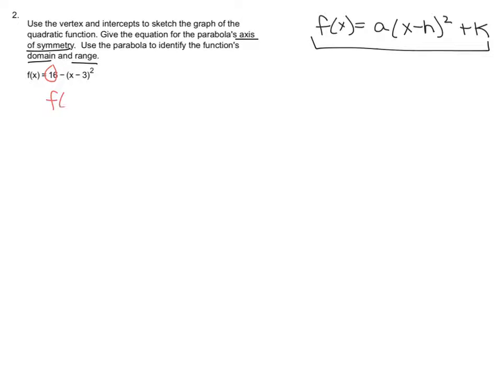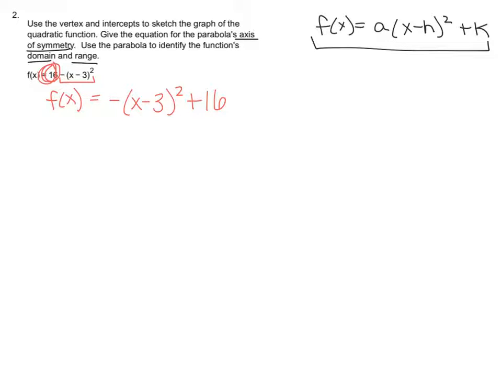So we're just going to move that 16, and to do that we're going to keep the sign in front of the parenthesis. So we have a -(x - 3) squared, and then you keep the sign in front of the constant term, which is a +16, so I'm going to add 16.